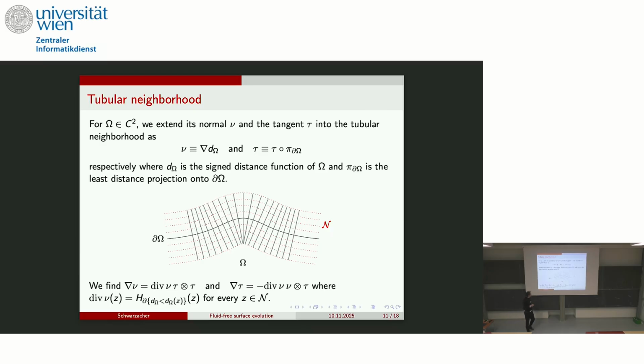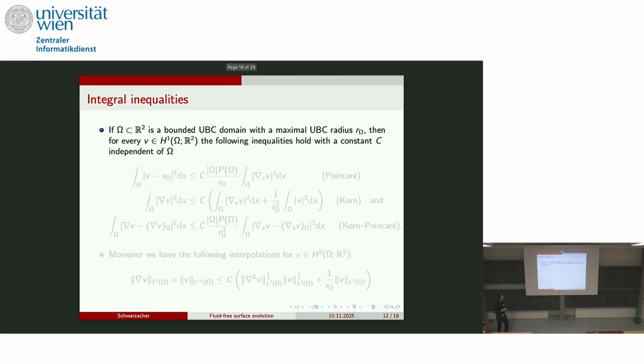So this means we have a tangential field and a normal field, and then you have other quantities. In particular, you get the curvature as the divergence of the normal. These are computations which you can do on this tubular neighborhood. This is the analysis. This was maybe part of the hard work.